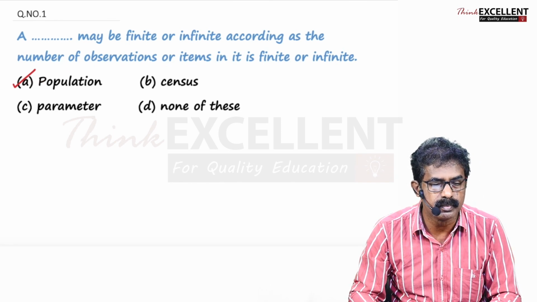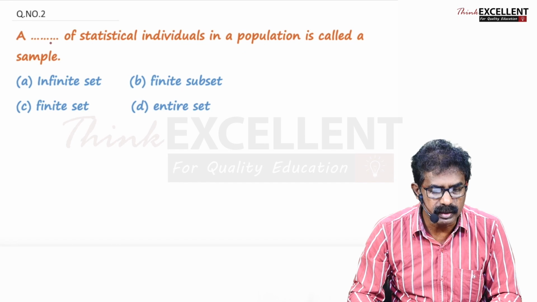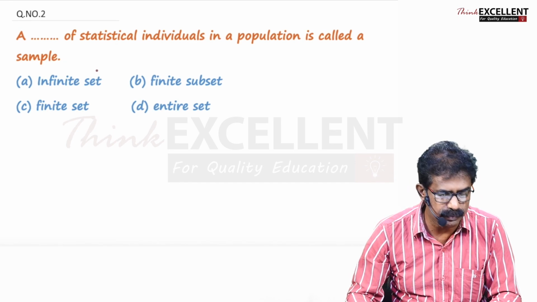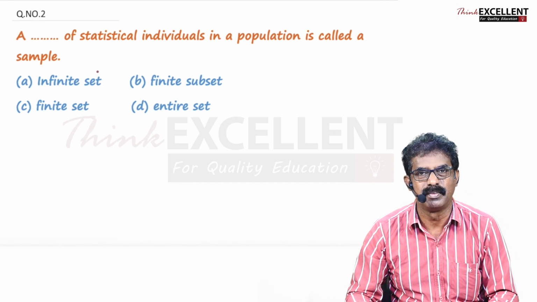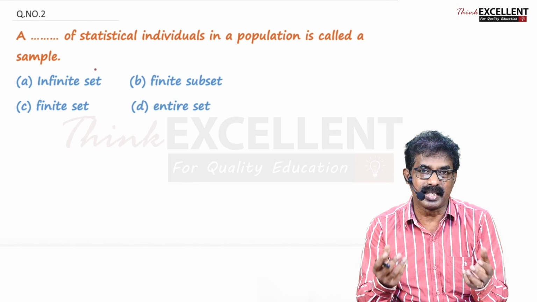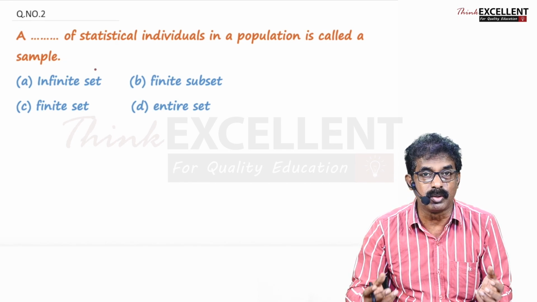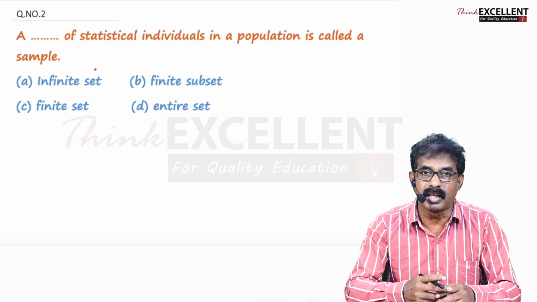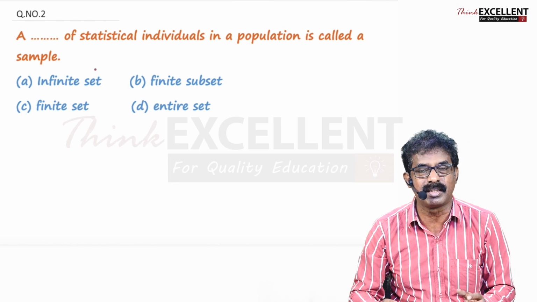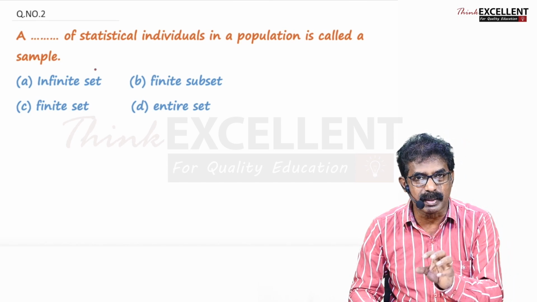Next one, a dash of statistical individuals in a population is called a sample. What is a sample? To study about the population, we have to collect data. From whom do you collect? You may not be able to collect data from the entire population. If the population is infinite, it is not at all possible, right? So we take a representative part.